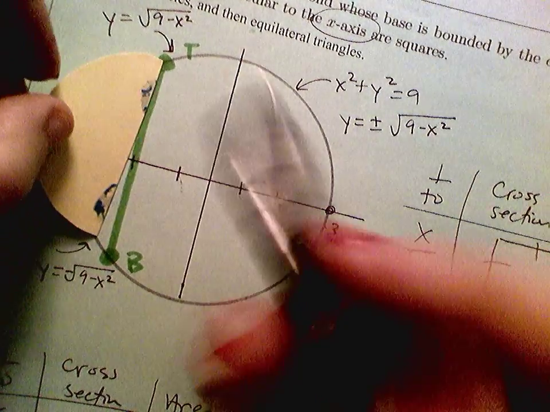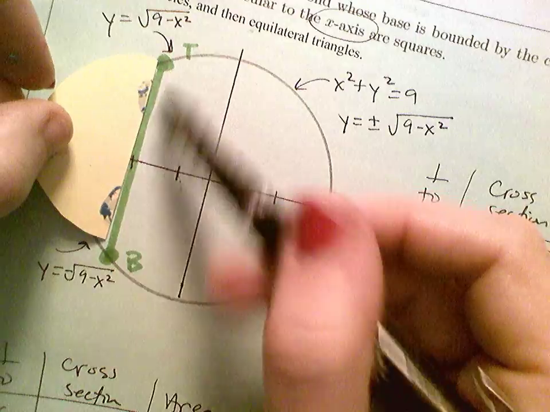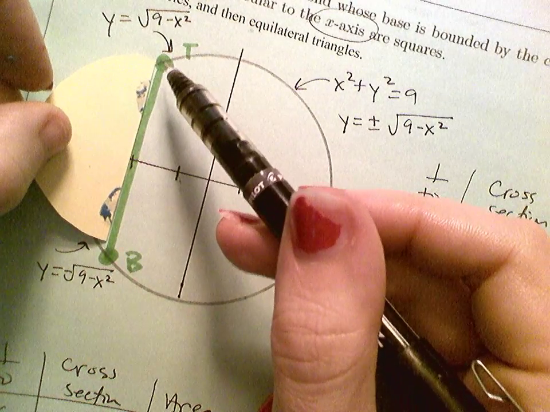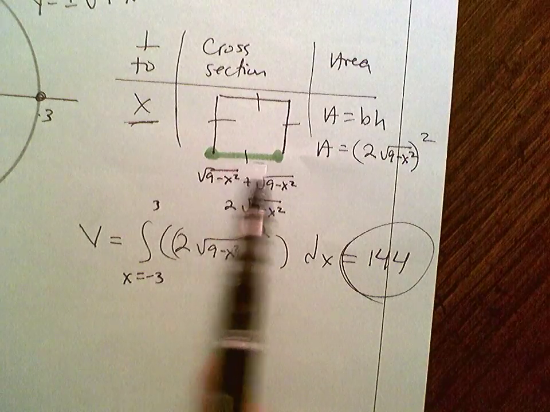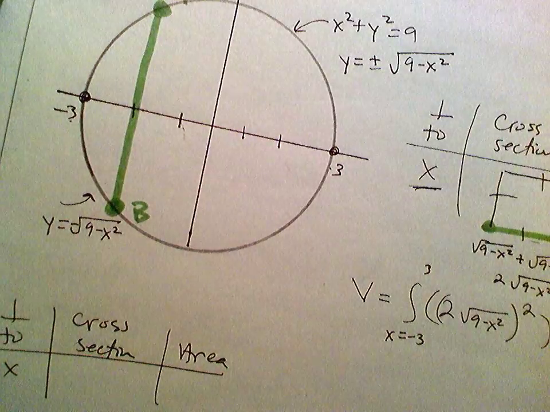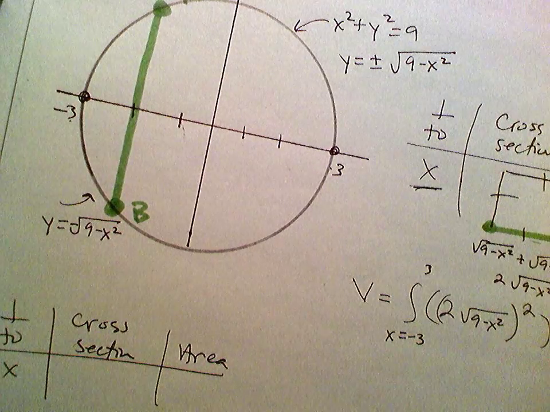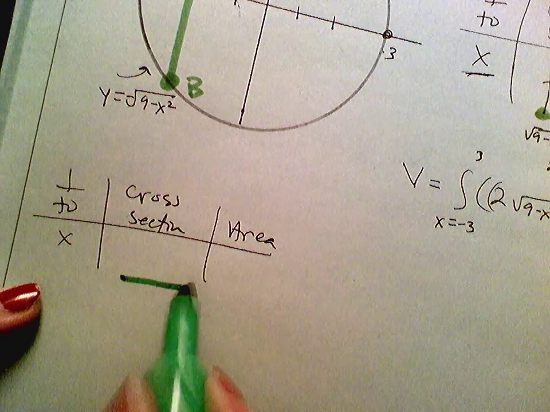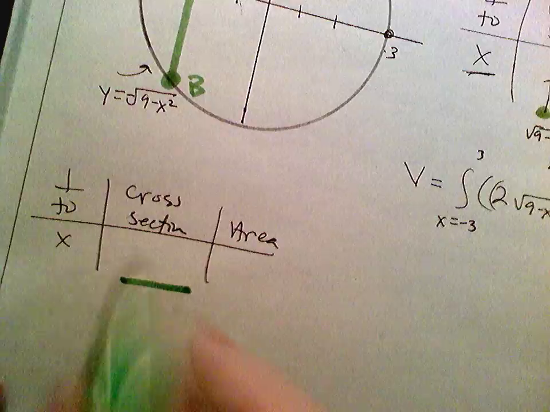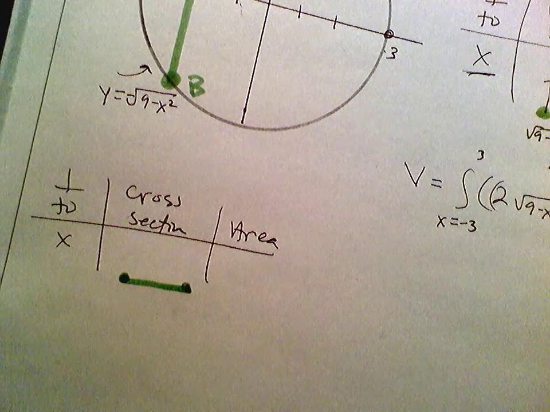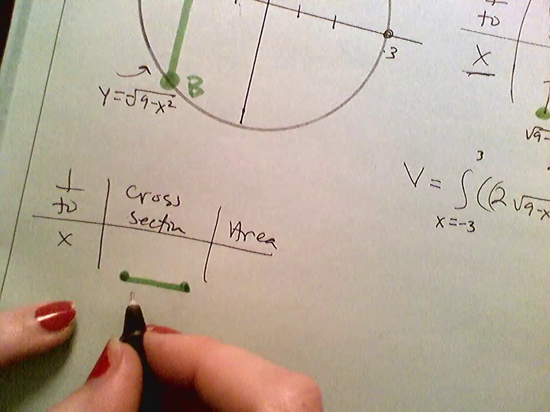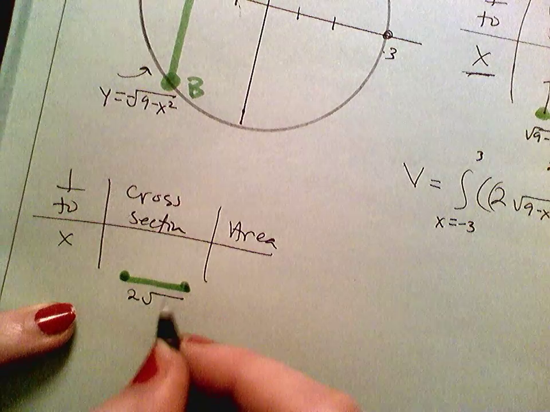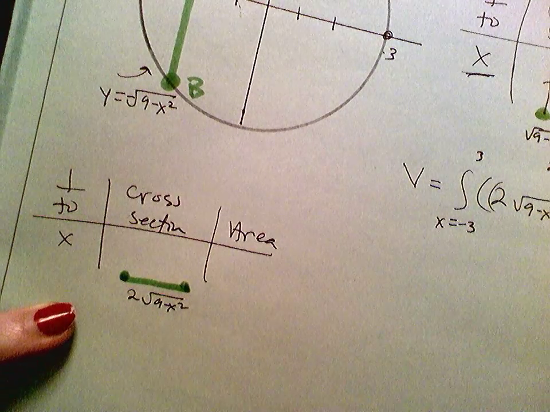Notice the length of the base of this semicircle is going to be the same as the base of the square. I'm going to lay out the base right there. Top minus bottom, I get the same thing as before: 2 radical 9 minus x squared.